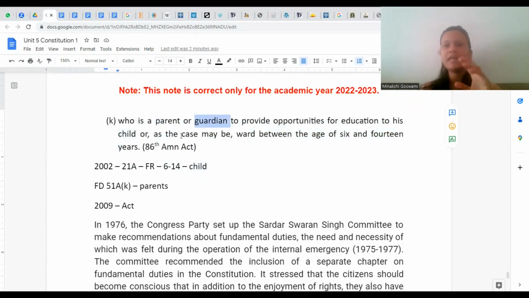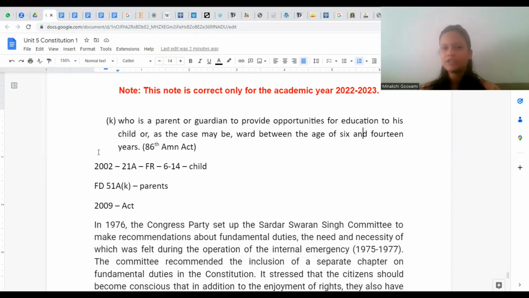If you have any kid under your custody, maybe somebody else's kid is at your home, there also you have a responsibility. Not just parents or guardians, anyone having custody will also have a responsibility. All of us have a responsibility: between the age of 6 to 14 years, we need to send that kid to school for free and compulsory education.